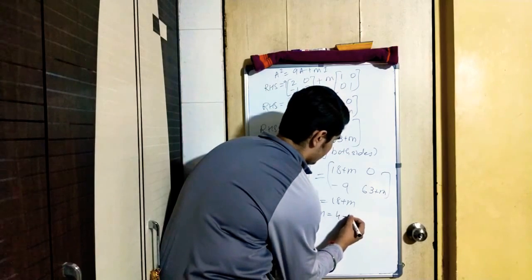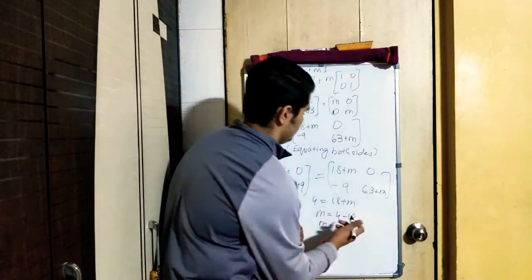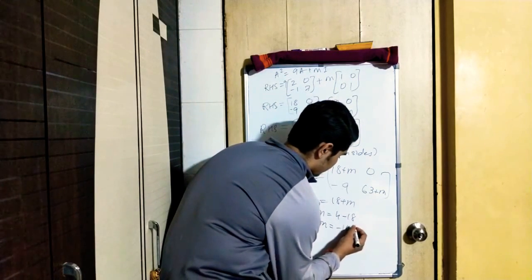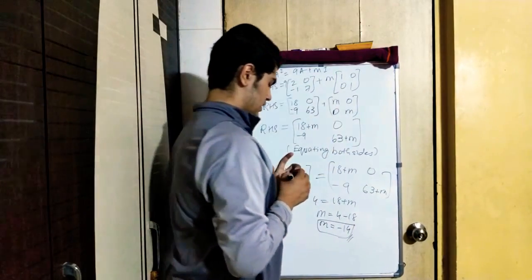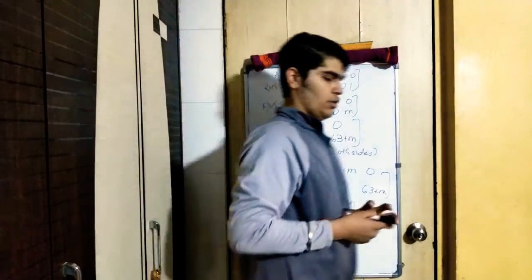So 4 minus 18. So M is equals to, what is 4 minus 18? It's minus 14. So this is the value of M. I hope you can copy it down.